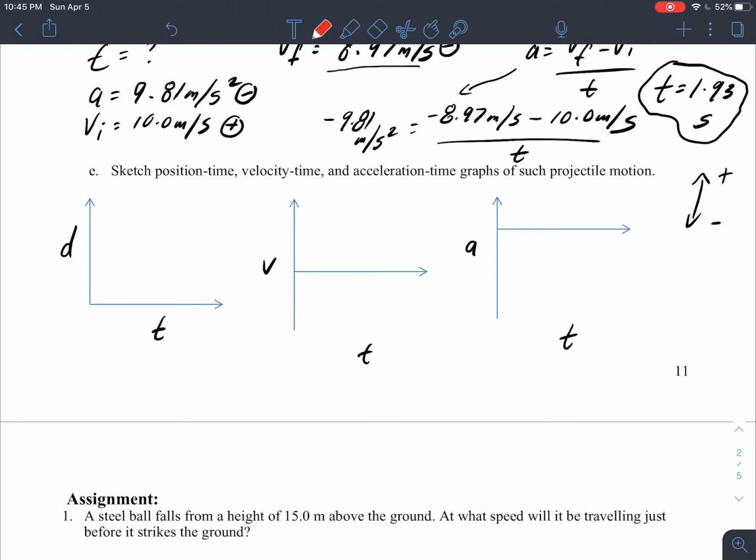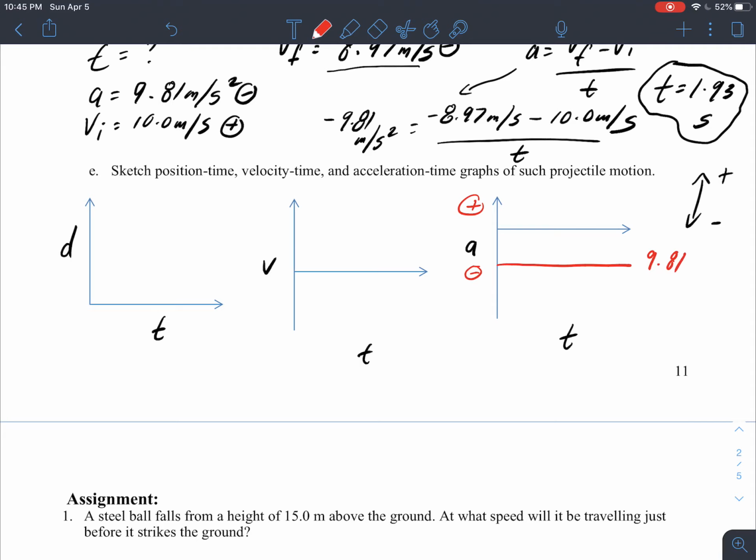So if I had to sketch this out, I would show a line demonstrating that this acceleration is constant through the entire trip, and you can see that it's in our negative axes. I'm not asked to put a number here, but if I had to, this number is 9.81 meters per second squared. It doesn't matter if the ball is going up or going down, the acceleration is going to be the same.